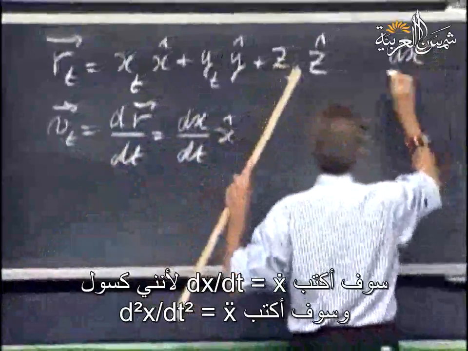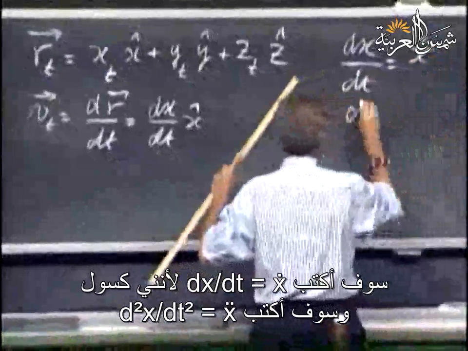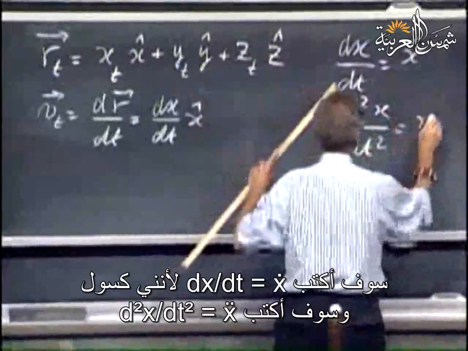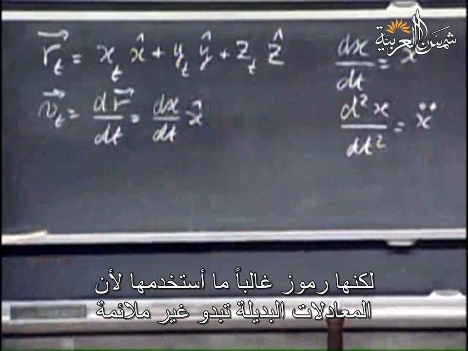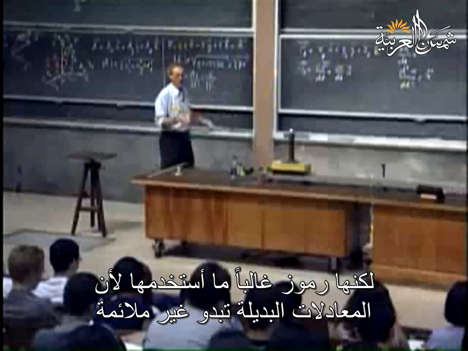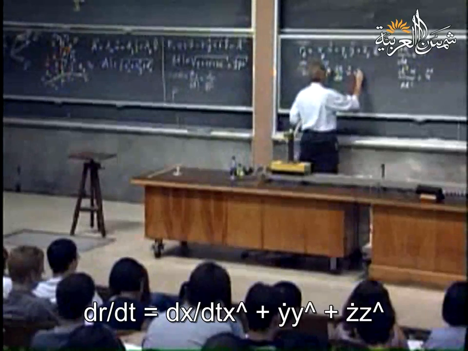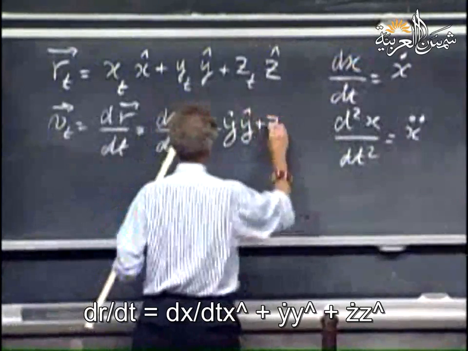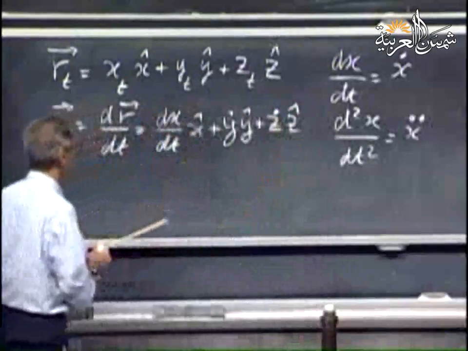I'm going to write x dot for dx/dt, because I'm lazy, and x double dot for d2x/dt squared. It's often done, but not in your book. But it's a notation that I will often use, because otherwise the equations look so clumsy. Plus y dot times y roof plus z dot times z roof. So z dot is dz/dt.